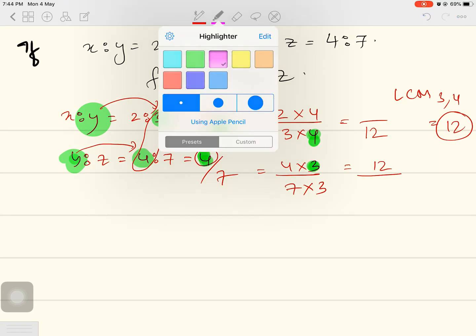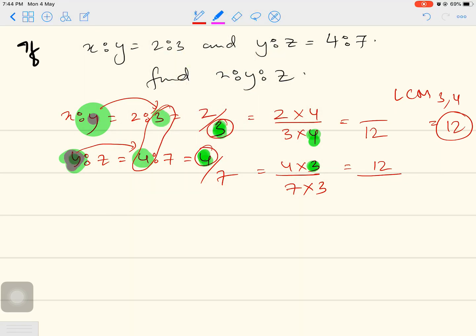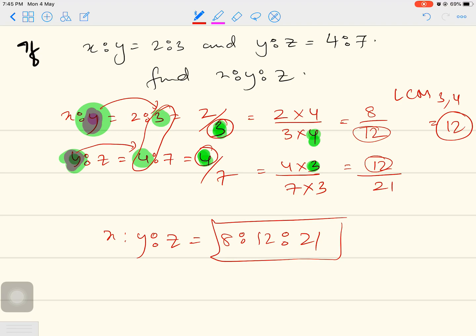So I have here 12/12, and here I have 8 and 21. Now my y becomes same because y is 12 here, y is 12 here as well. So x is to y is to z will be 8:12:21. That's how we combine a ratio.